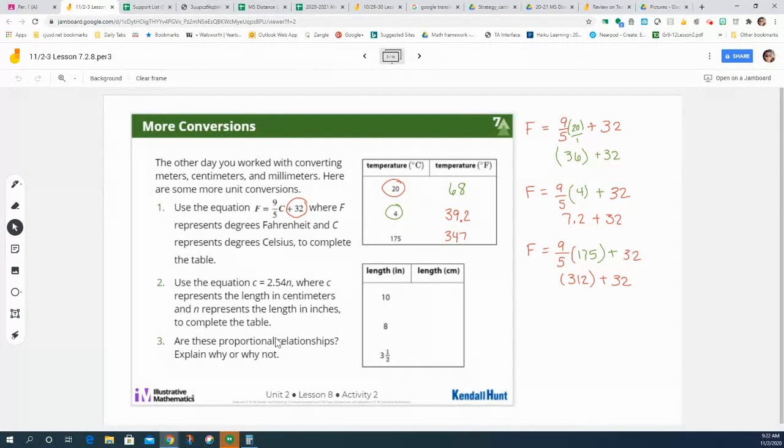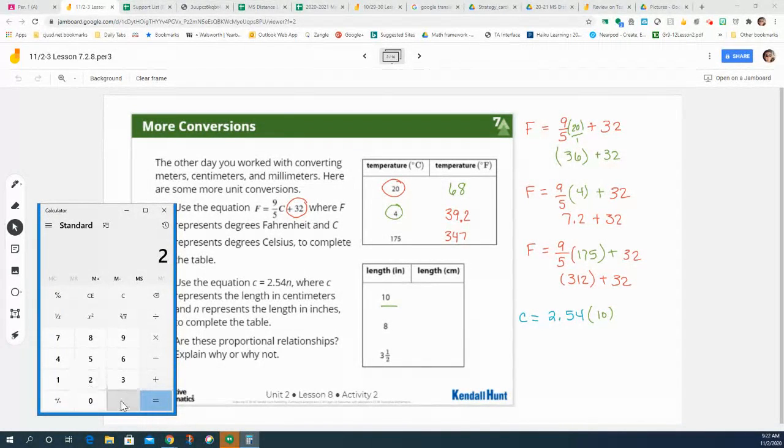C is equal to 2.54 n, where we're going to substitute n right here. So when it's 10 inches, we use our calculator, 2.54 times 10, and we get 25.4 centimeters in 10 inches.